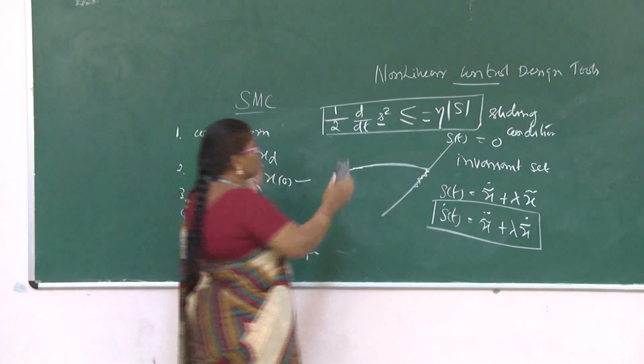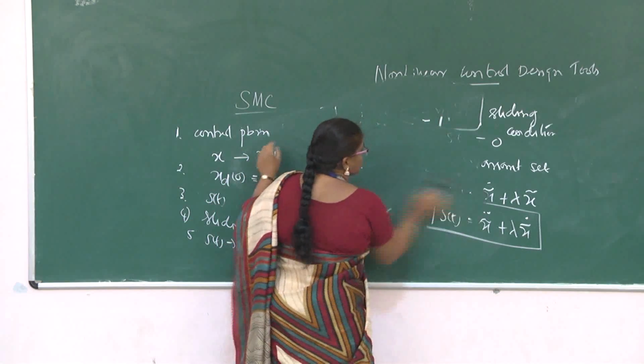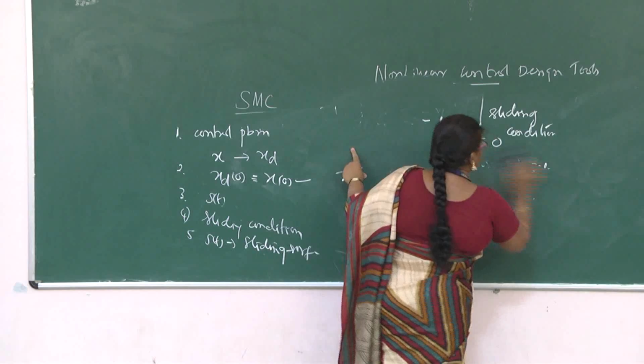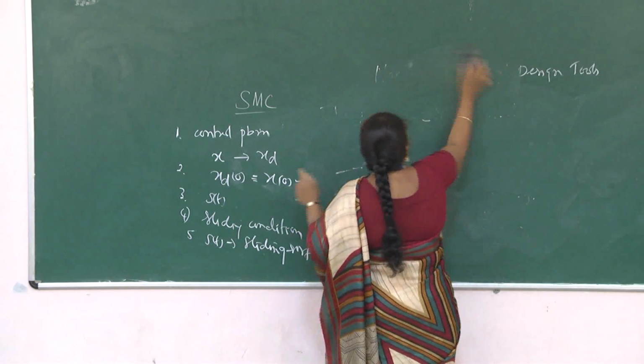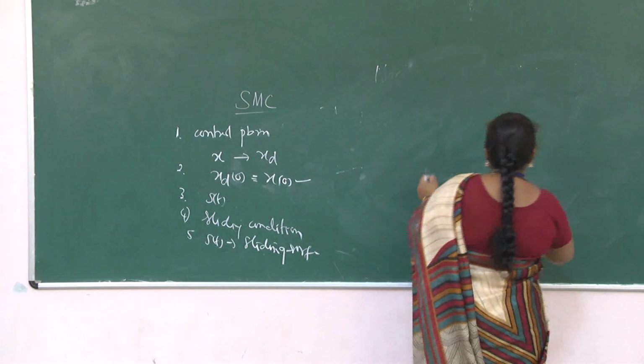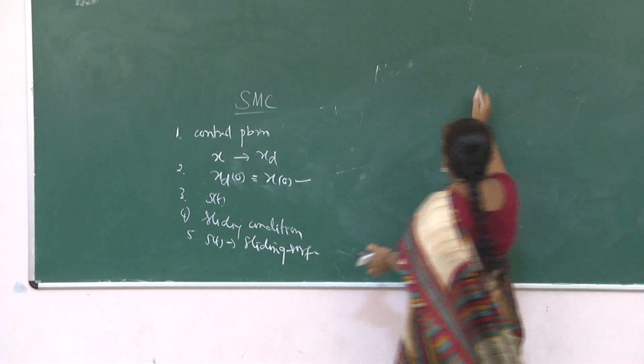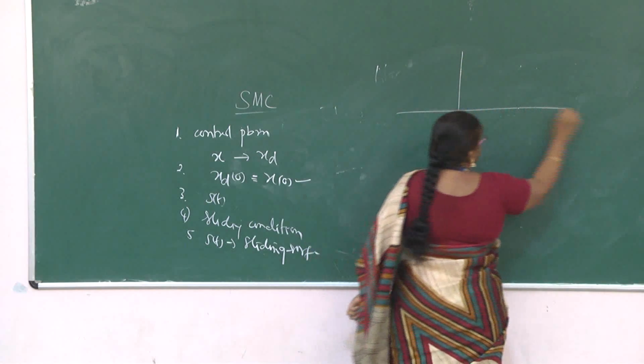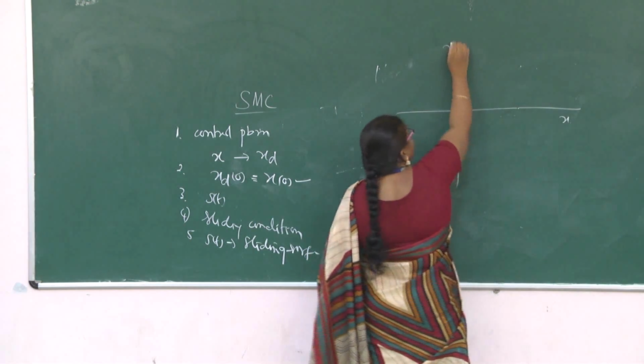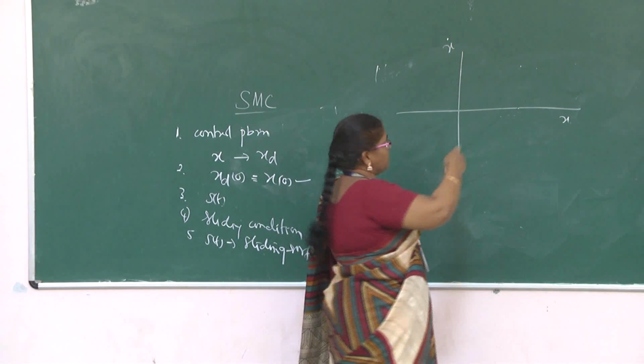Now I am going to draw how the trajectory reaches the sliding surface. As per modern control theory, it is x and x dot, this is a state model.